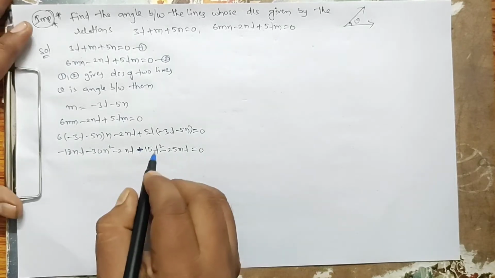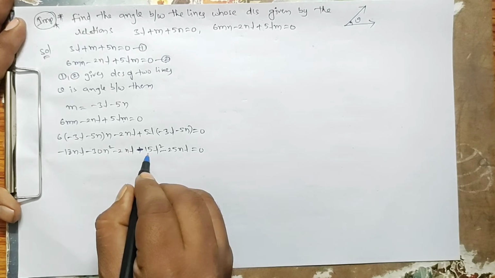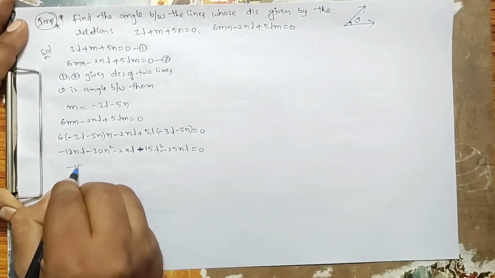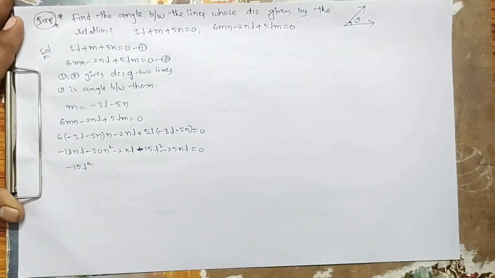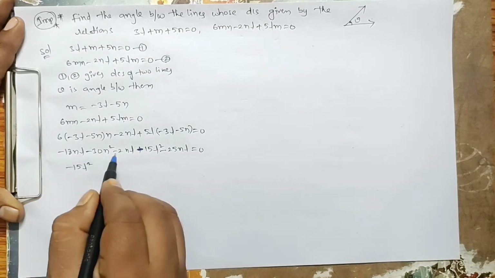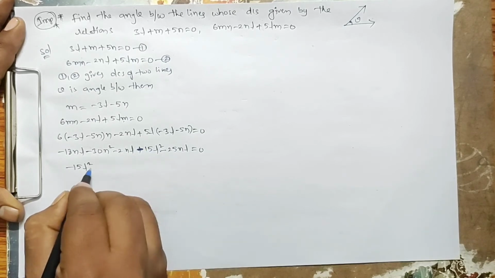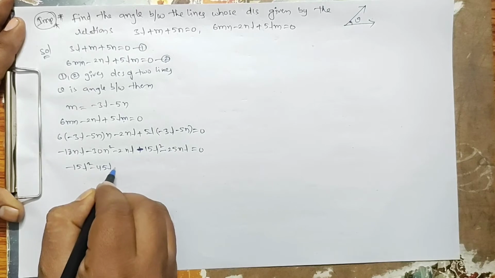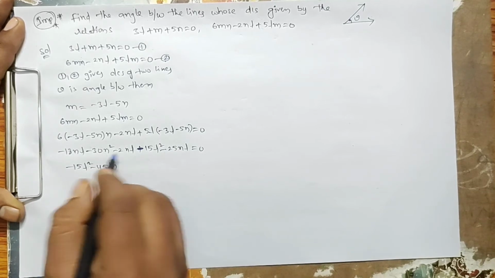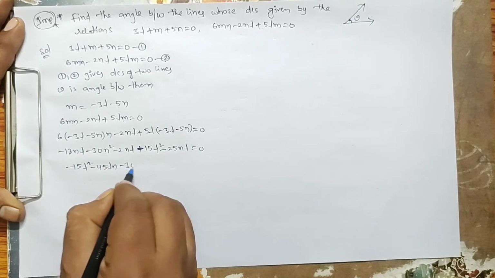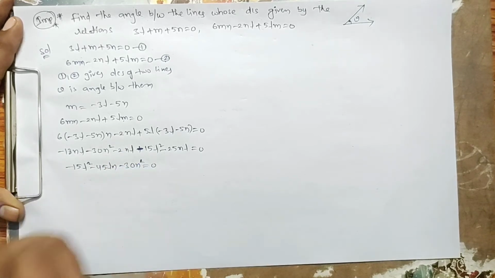So what do we have? There is an l square term in all of them, so -15l square. Then take the nl terms: -18 -2 is -20, -20 -45 25 is -45, so nl. Next, let us write the n square terms: -30n square is equal to 0.